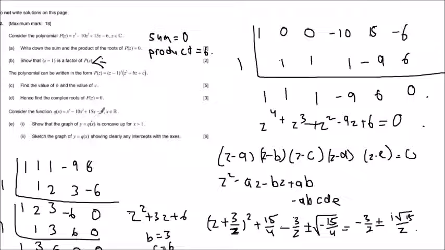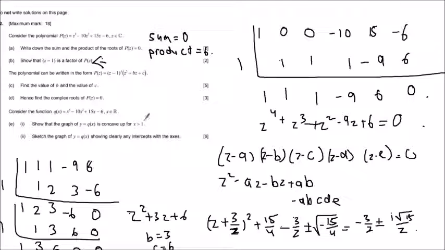Consider this function again, the same function, but this time x belongs to the real numbers. Show that the graph of y = q(x) is concave up for x higher than 1. To prove concavity up, you have to have the second derivative equal to a positive number.